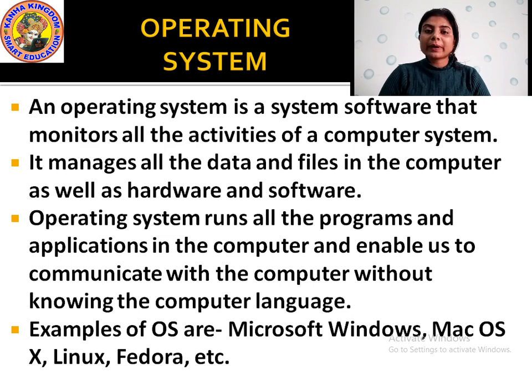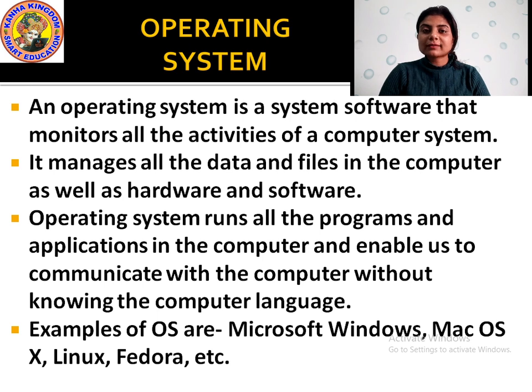An operating system is necessary to work on a computer, and it monitors, that means it controls all the operations, all the activities, whatever work we do in the computer. All the works and activities are monitored by this operating system.